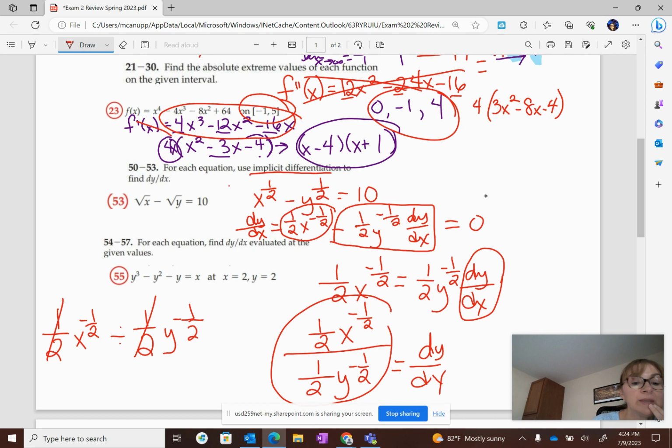And so we literally have these, but because they're negative, they switch spots. So basically, it would be the square root of y over the square root of x.